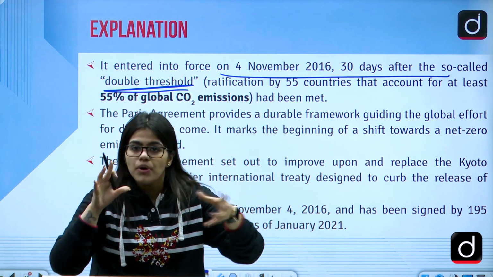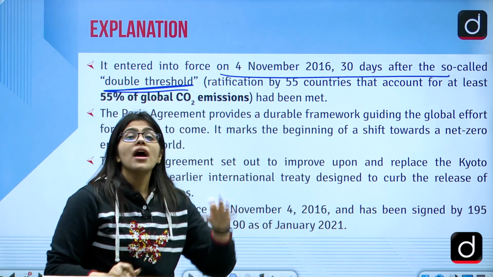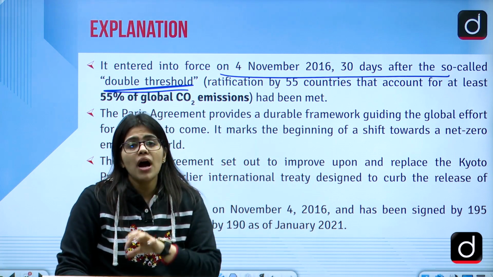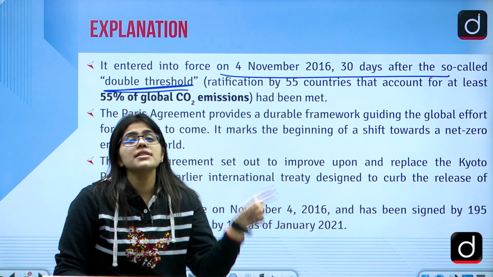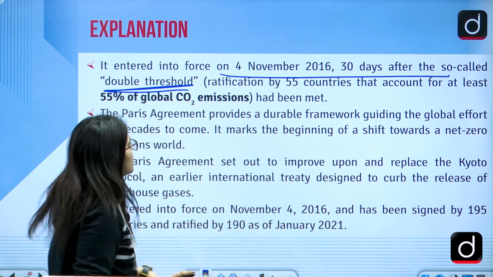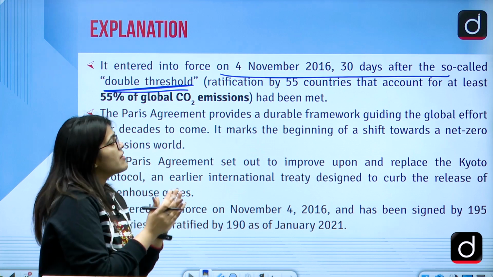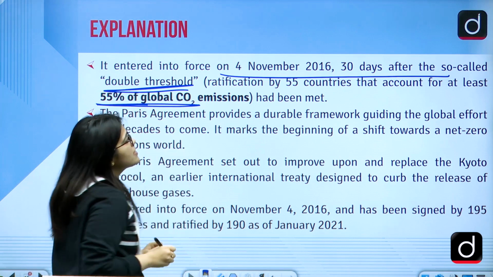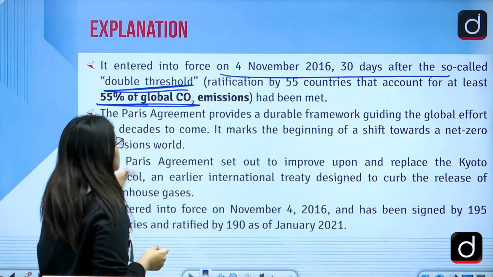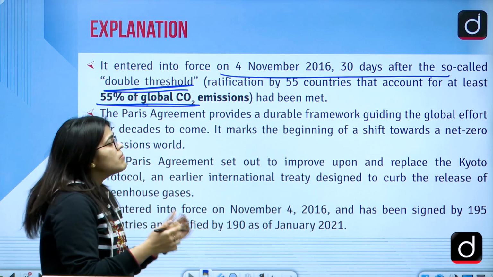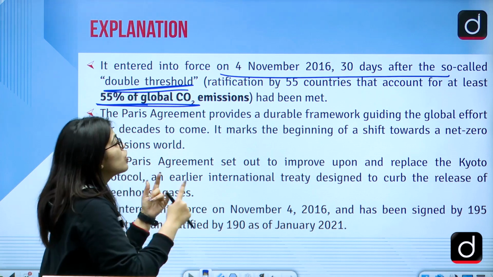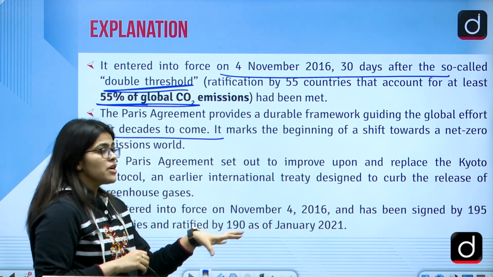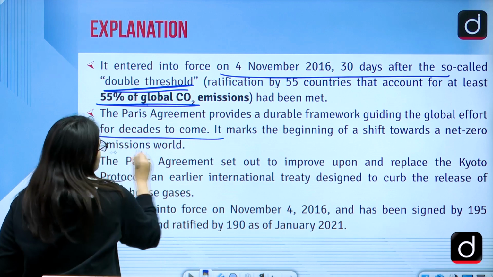They said that about 55 countries who are part of the UNFCCC had to come up, and the ratification by 55 countries that account for at least 55% of global CO2 emissions had to be met. The Paris Agreement provides a durable framework guiding the global effort for decades to come. It marks the beginning of a shift towards a net zero emission world.